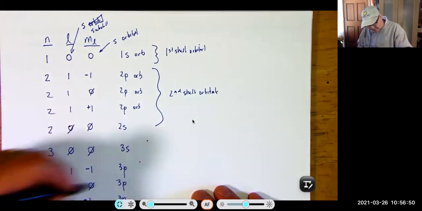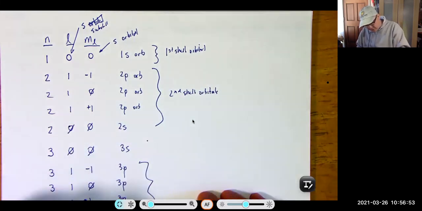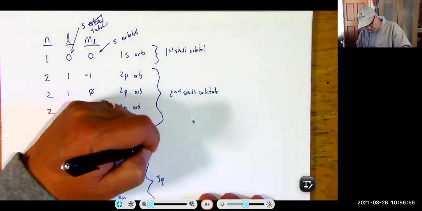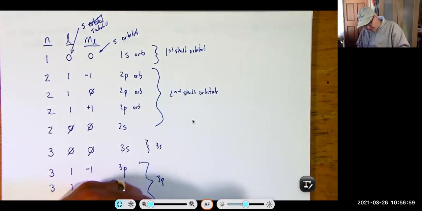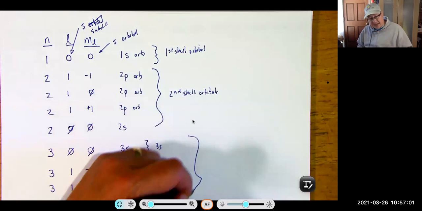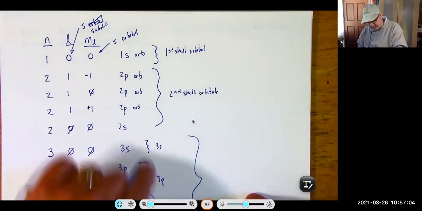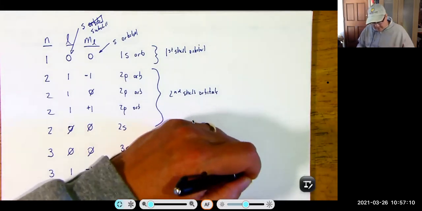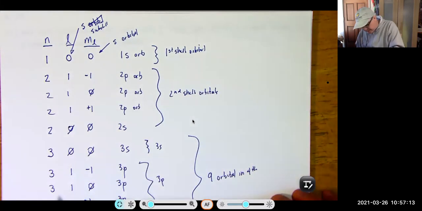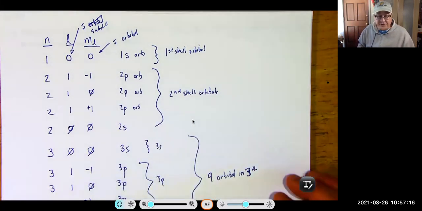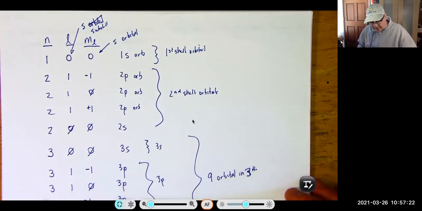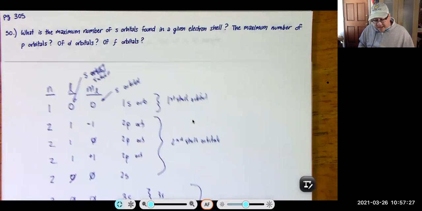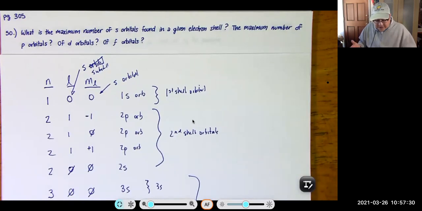Here, we're going to see that we have 3 3p orbitals, a 3s orbital, and 5 3d orbitals for a total of how many? 5 plus 3 plus 1, 9 orbitals in the third shell. How many of them are s orbitals? 1. So you quickly learn that there's only one s orbital for every shell. Only one. So what's the maximum number of s orbitals in an electron shell? 1.